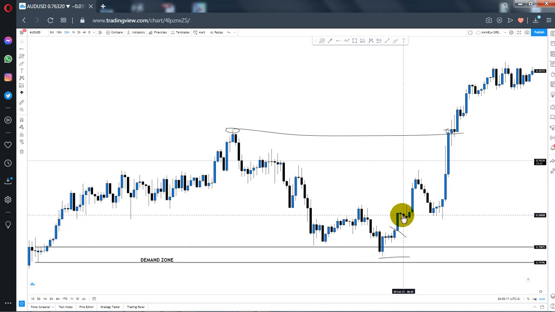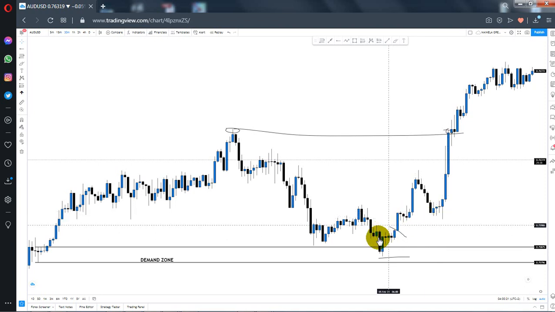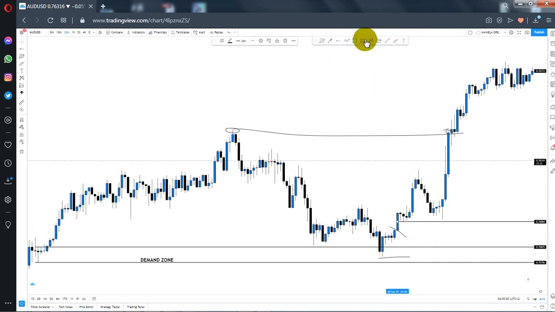So we're going to first draw this one, meaning that if they break this base, that's when we're going to go to this one. So as you can see, we can draw this base here, which is also rally base rally, like this, which is rally base rally.